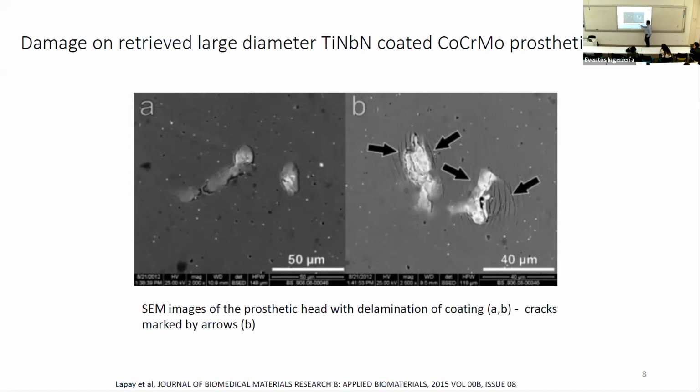And we could see here that they did have some problems. We're seeing this cracking and delamination.